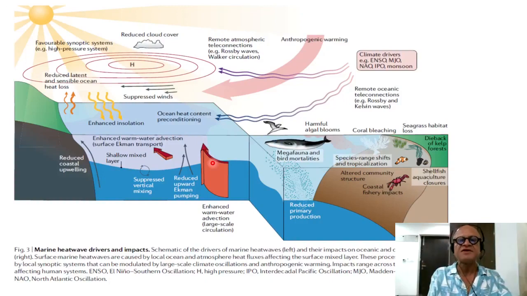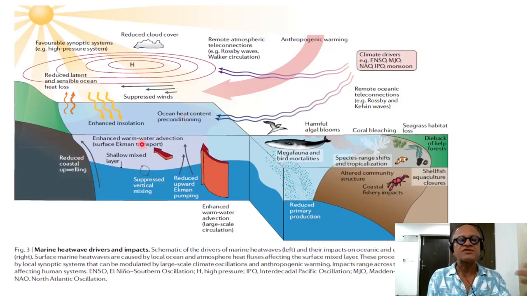So these are just schematics explaining the processes that can drive changes in heat content near the surface and create marine heat waves and affect ecosystems, right?